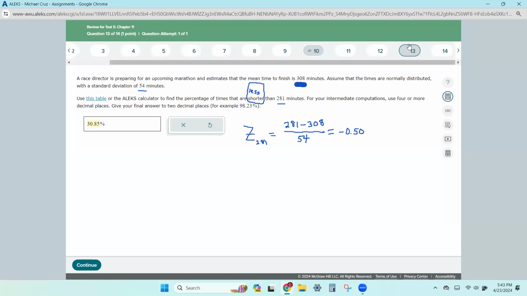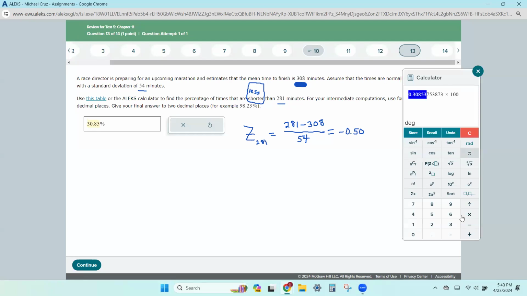And just remember, if you're using the calculator, you either use the parentheses or you do 281 minus 308 and then you divide. Because if you do 281 minus 308 and then divide 54, it'll put it underneath the 308 only.